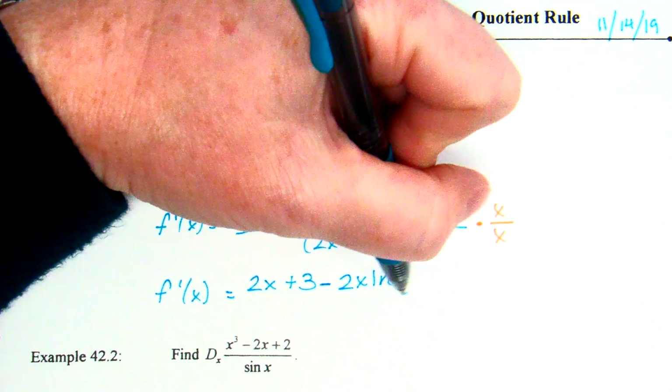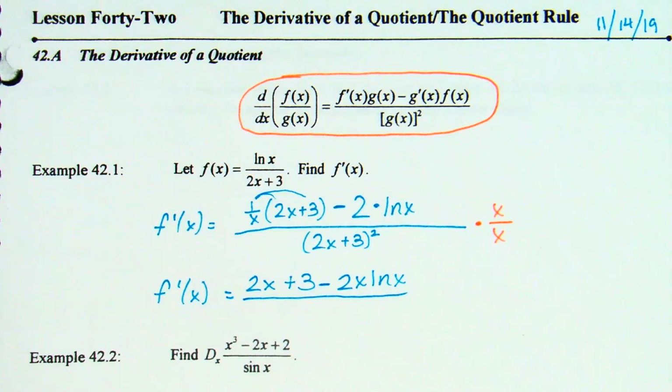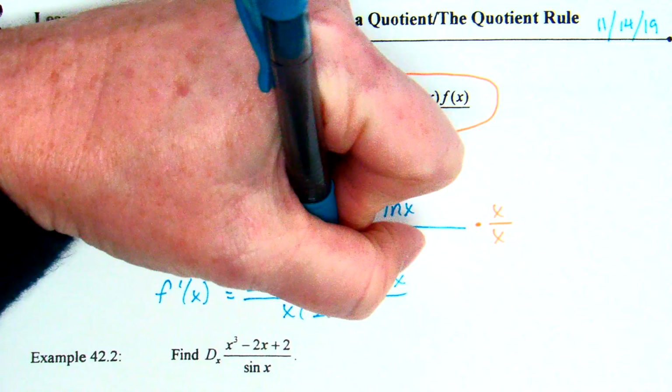The denominator, 2x plus 3 squared, more often than not, you leave it as that, which I'm going to. Multiplying by x means I'm just going to put the x out front. So x times 2x plus 3 quantity squared.